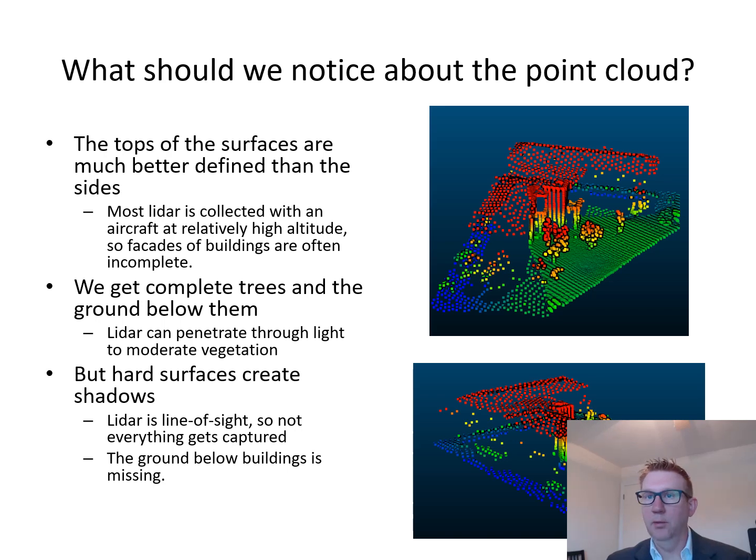So you do have to be a little bit mindful of those limitations. It's a much better data product for capturing the full 3D structure than, say, a DEM. But on the other hand, it's not perfect. You're still going to miss a lot of the things that you might be used to seeing, and the sides of buildings and the ground below them is particularly obvious.